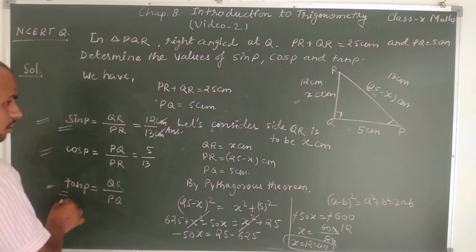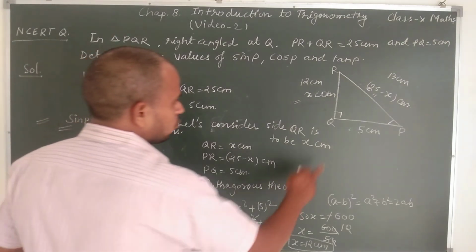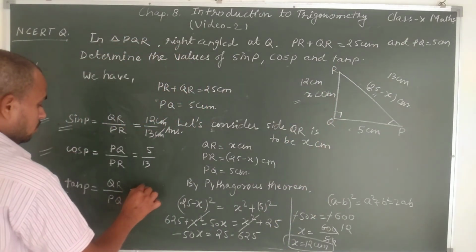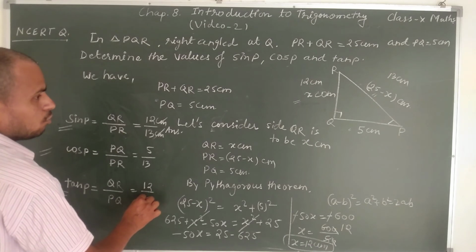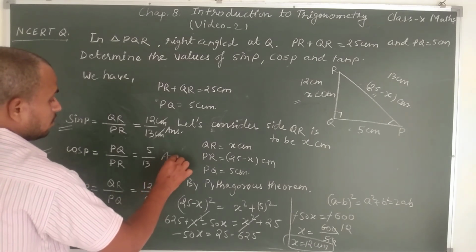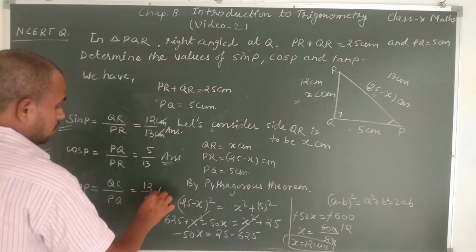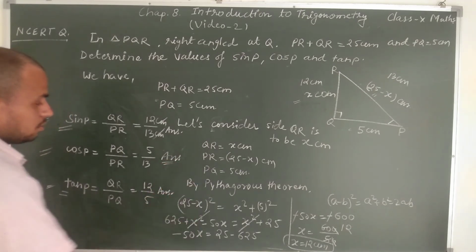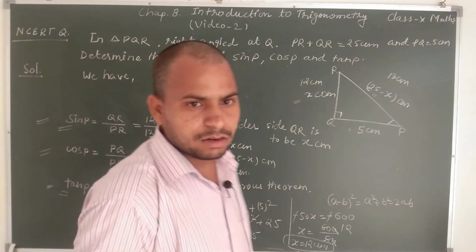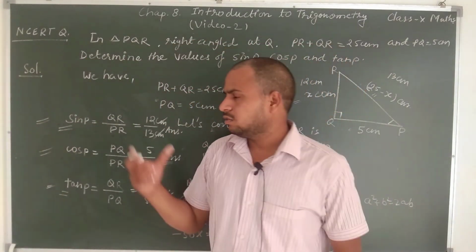For tan P, QR upon PQ, 12 upon 5. So this is the final answer. In this way we can solve this type of question.